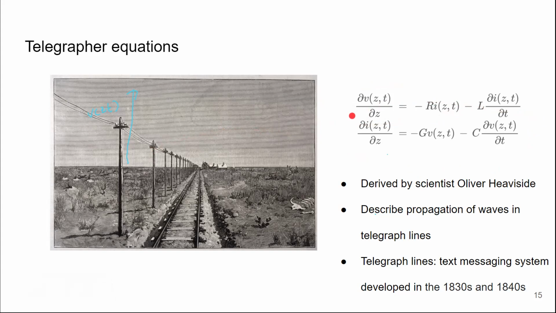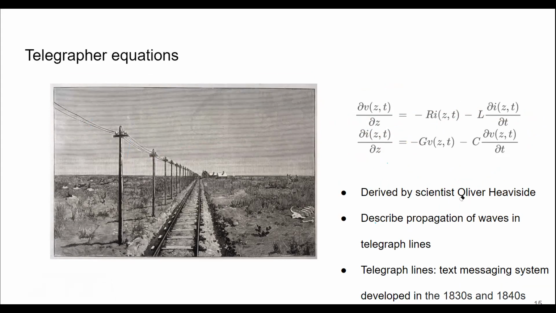They were derived by Oliver Heaviside, who used them to describe the waves propagating in telegraph lines, which were used to communicate telegraph information in the 1830s and 1840s. So he derived these equations to model the propagation of waves in telegraph lines, and because of that, they are known as telegraph equations.